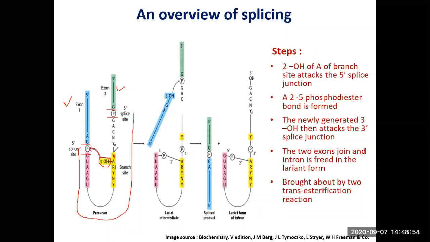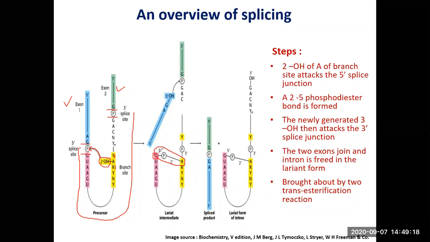It attacks that particular phosphodiester bond at the 5' splice junction. It forms a 5',2' phosphodiester bond with the first nucleotide of the intron at the 5' end. This is the first nucleotide G. This A is forming a phosphodiester bond with G.